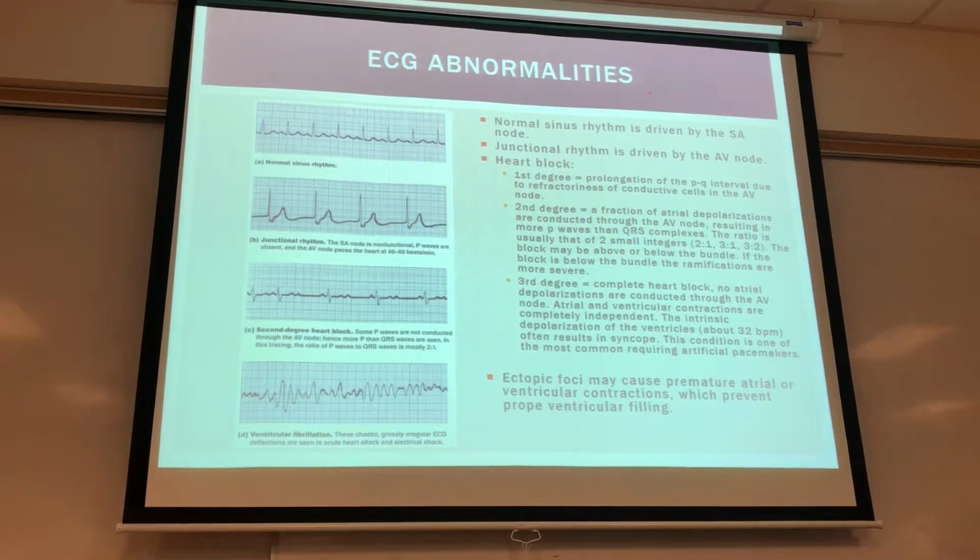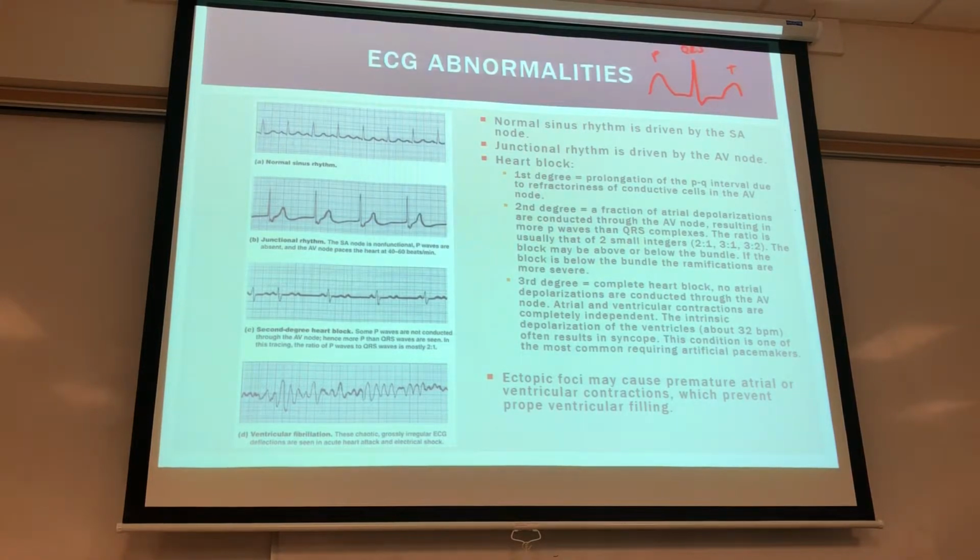Here we expect P, Q, R, S, and then the T wave. PQ prolongation is due to refractoriness of the conductive cells in the AV node. All that's basically saying is that the SA node isn't firing as well.